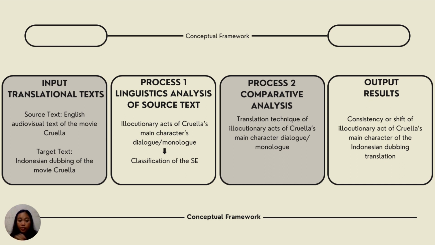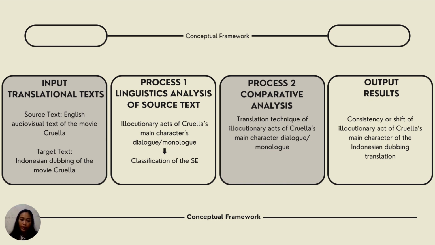Moving into the conceptual framework, this conceptual framework is divided into four major parts. The first one is input, or the translational text. The source text, as said before, is the English audiovisual text of the movie Cruella, and the target is the Indonesian dubbing of the movie Cruella.